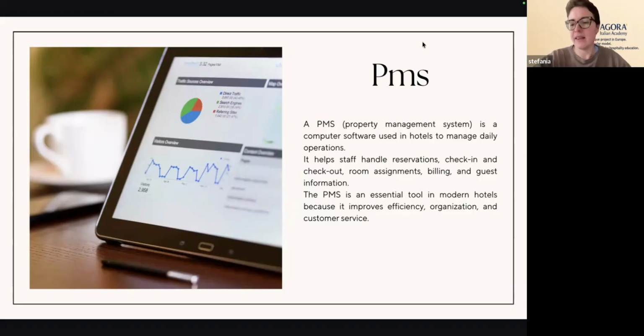In Italy today, I think there are minimum 50 kinds of PMS, minimum.